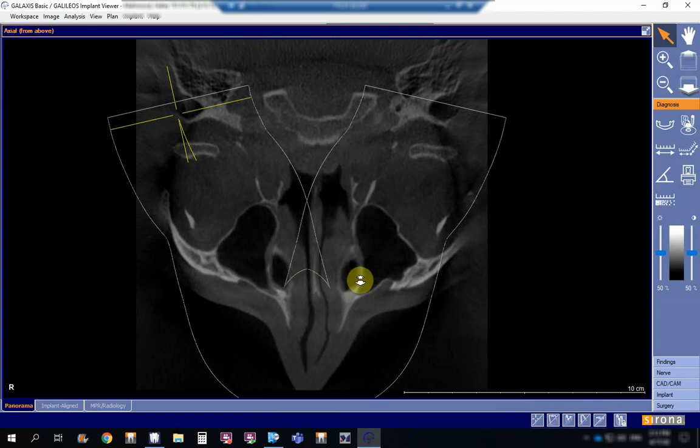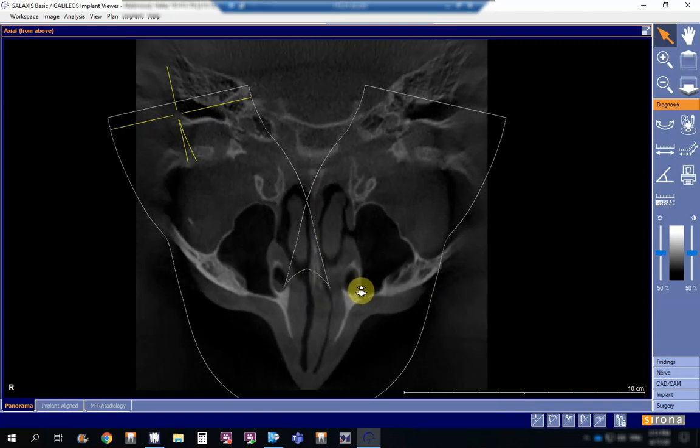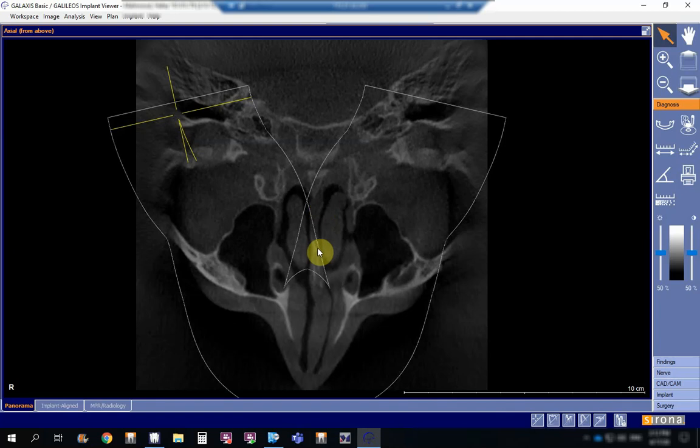I'm going up here. This is the maximum. This is the middle meatus, and this is the middle concha, and this is the meatus. See the deviation in the nasal septum. Now we're starting here to go into the middle cranial fossa.